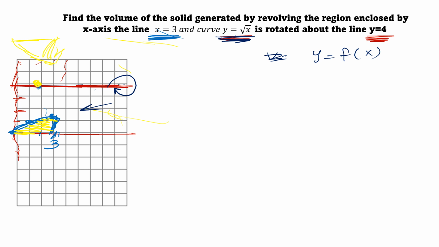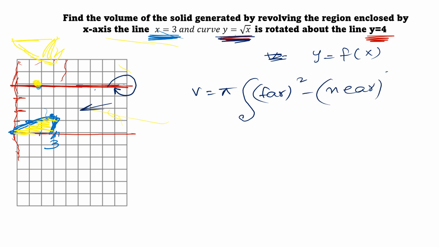Now read this. What we have learned from the previous, that volume equals pi, outer region, or the farther square minus nearer square. Since it is revolving along a horizontal line, that's why it has to be written as dx.